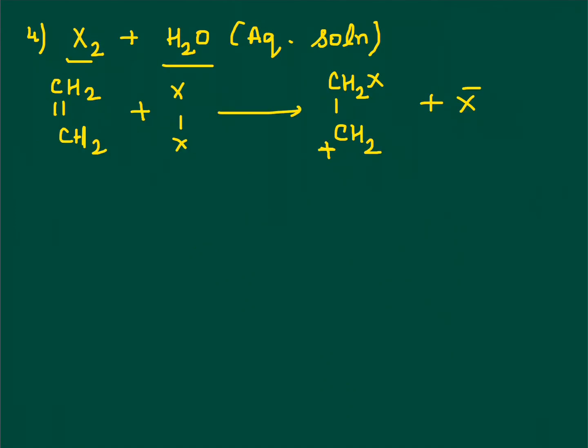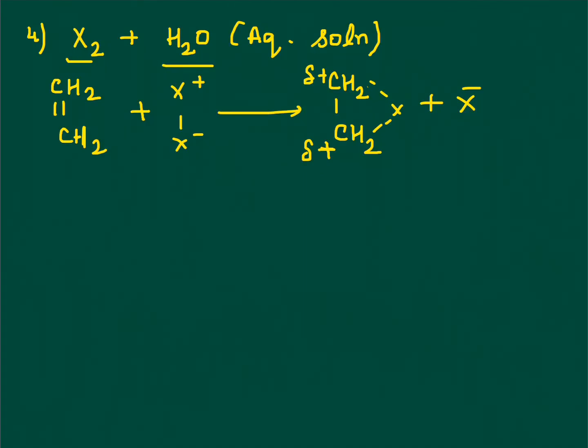So the first step is, of course, in the presence of water the halogen gets partially positive and negative, partially polar. Now CH2X. If you go into the minutest detail of the actual mechanism, what we know is that X temporarily bonds to both the carbon atoms, giving them partial positive charges, and then the negative comes and attacks one of the carbons, and this we've already discussed in the first video.